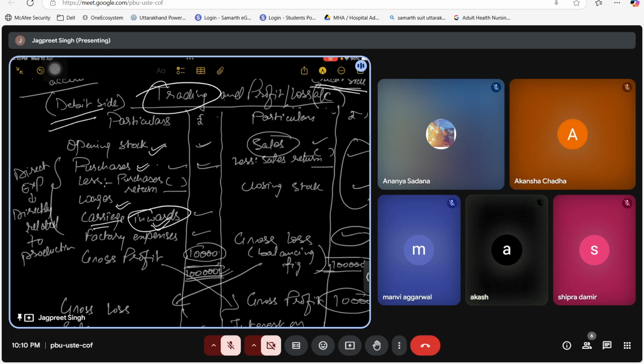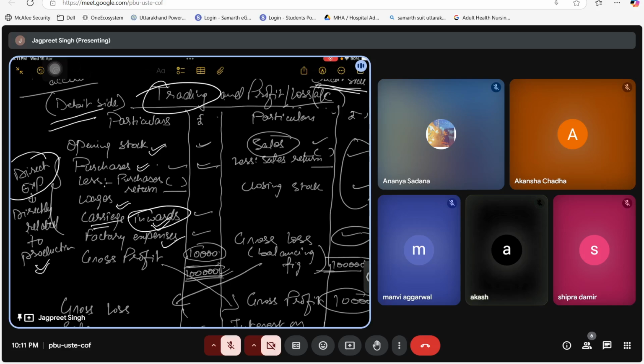And inward means the stock is coming towards our premises. And factory expenses are the other factory expenses, like factory rent and factory lighting, power. These are the direct expenses, directly related to production.